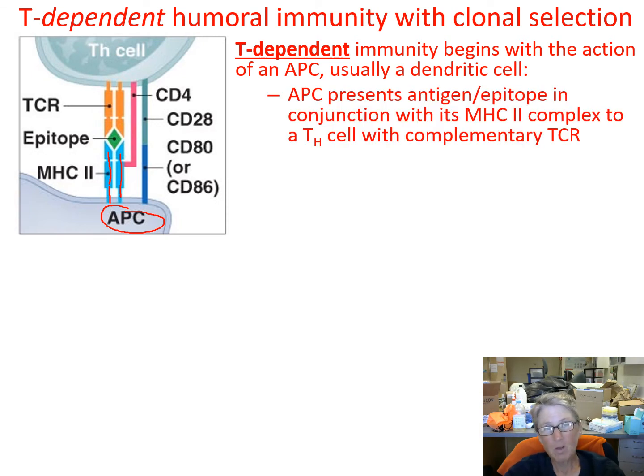So the antigen-presenting cell, it doesn't show it in this cartoon, but previous to this step in this cartoon, the antigen-presenting cell had a bacteria or a virus on the inside.